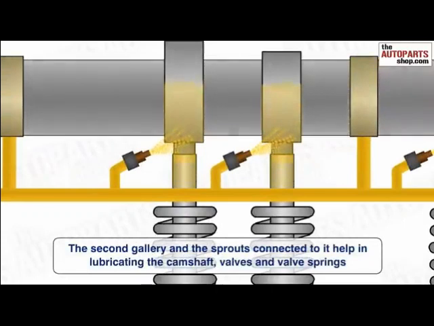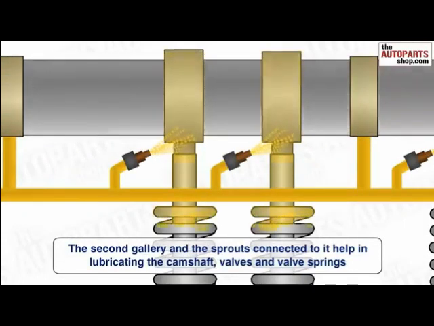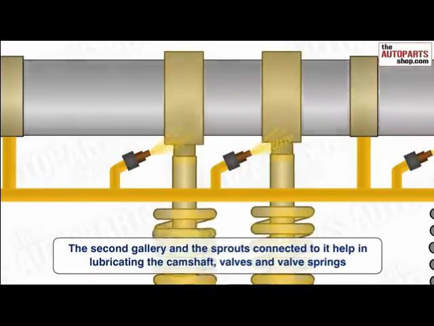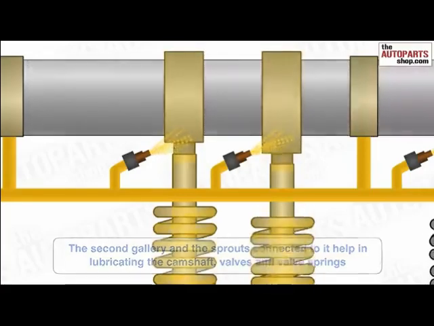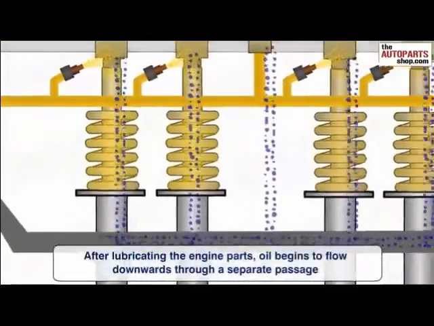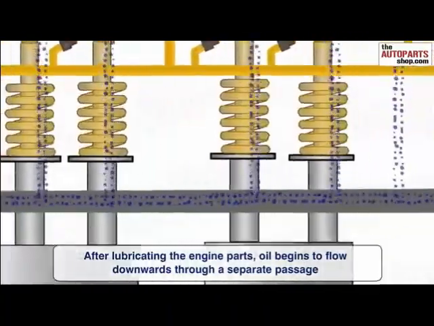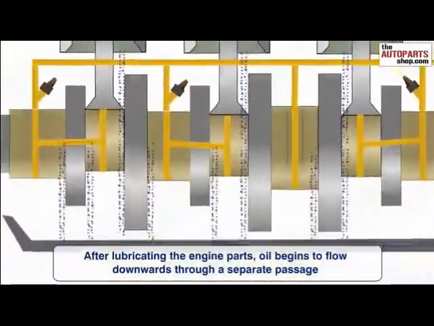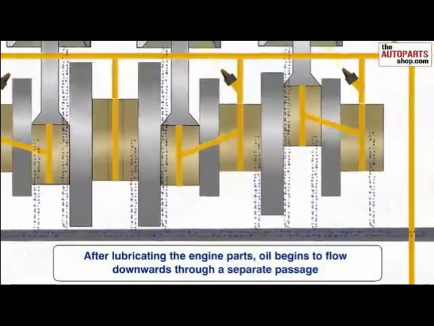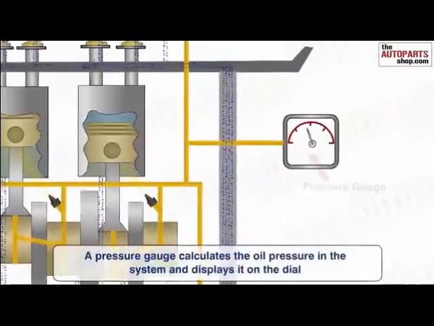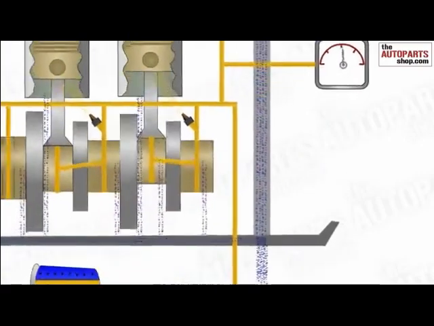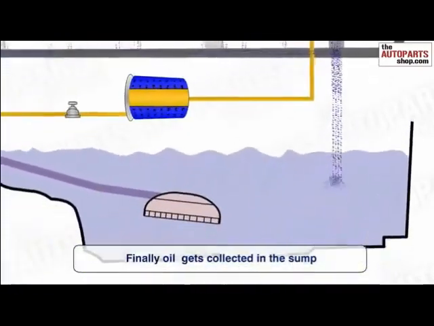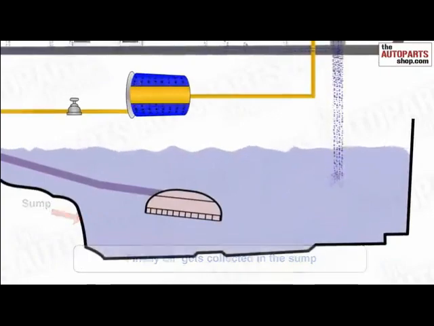The second gallery and the spouts connected to it help in lubricating the camshaft, valves and valve springs. After lubricating the engine parts, oil begins to flow downward through a separate passage. A pressure gauge calculates the oil pressure in the system and displays it on the dial. Finally, oil gets collected in the sump.